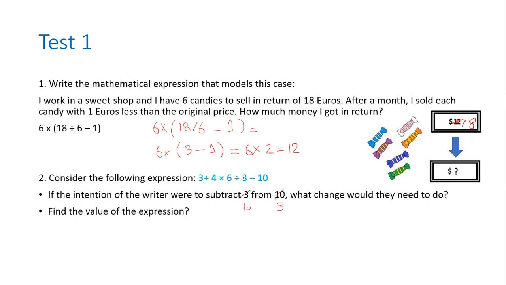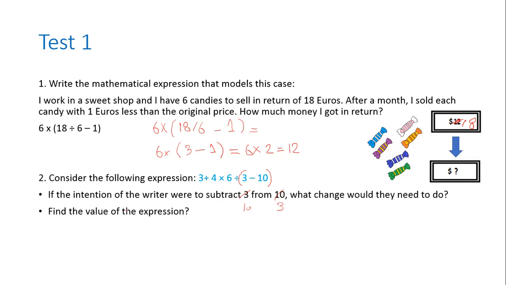So the only thing he has to do is to include 3 minus 10 between brackets. This way, we start performing the operation between the brackets first, then we move to perform the rest of the operations using the set of rules for ordering operations that we learned on the previous slide.